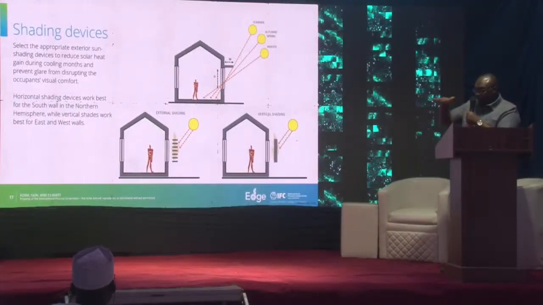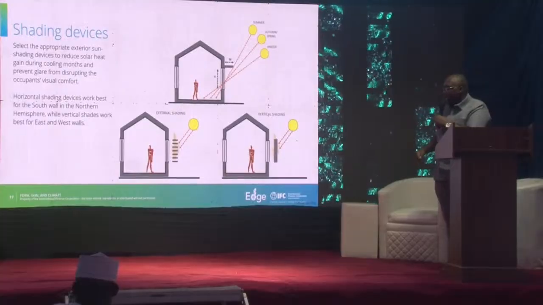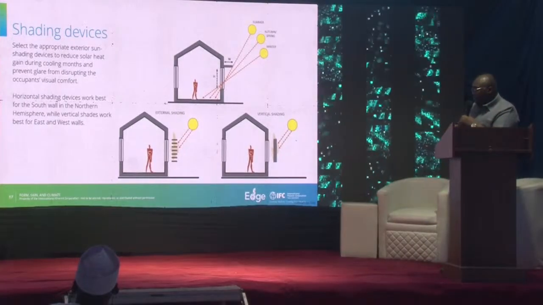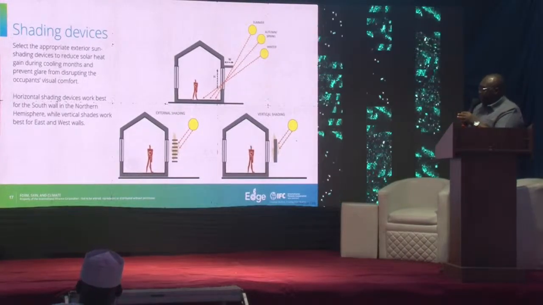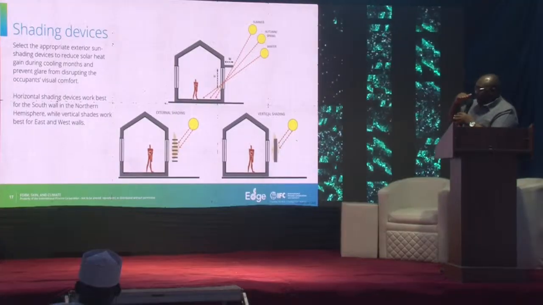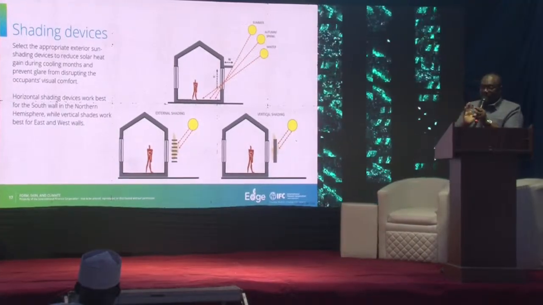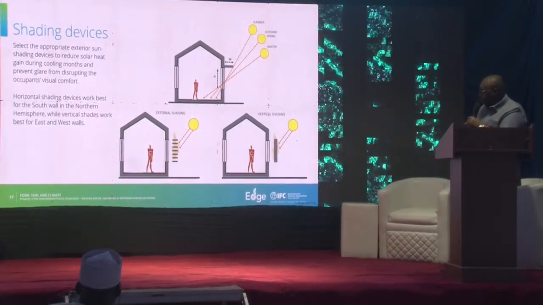So you are able to shade each of your elevations, looking at horizontal shading, working best for the south wall, based on your hemisphere, while the vertical shading works best in the east and the west wall.